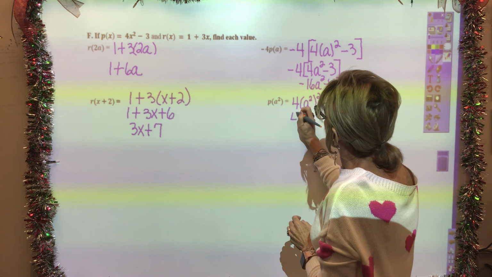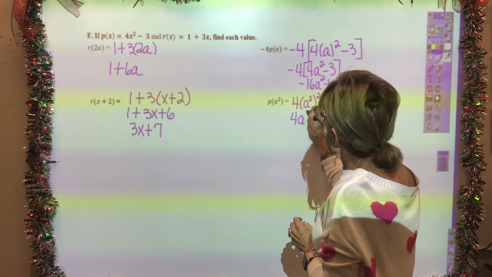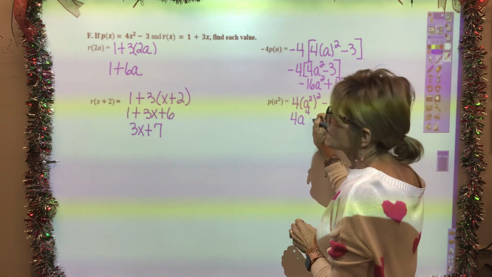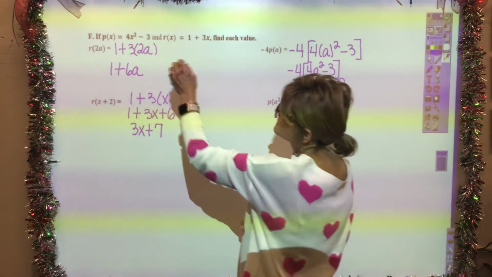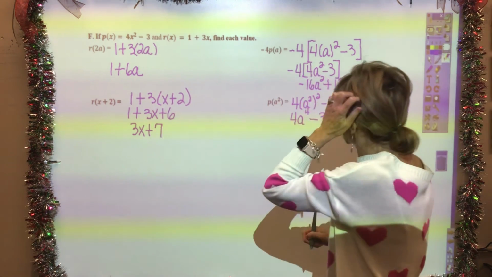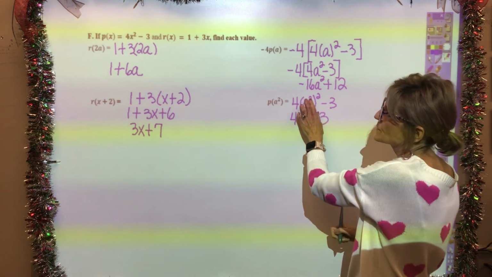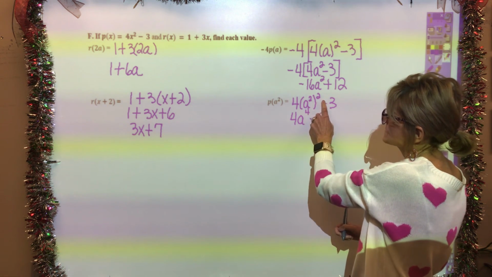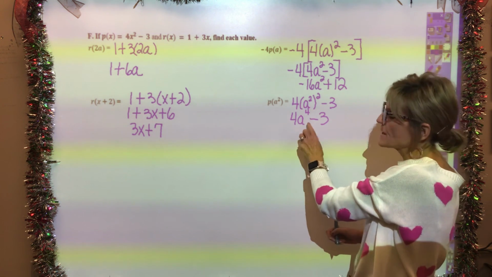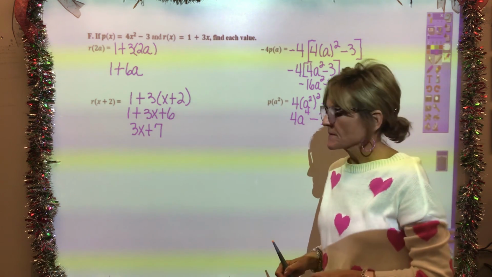So this would be 4a to the 4th minus 3. Notice I don't square the 4 because it's not grouped in the parentheses. I'm just squaring what's going in here for x. So a squared squared, you take your 2 times 2 to get your 4. So 4a to the 4th minus 3.